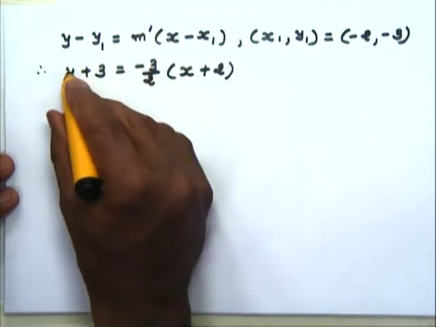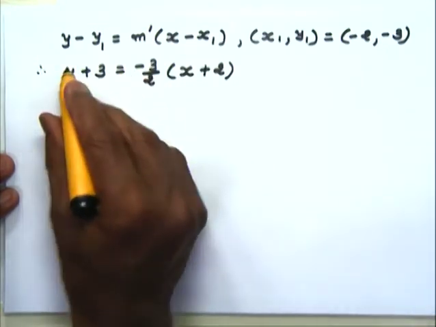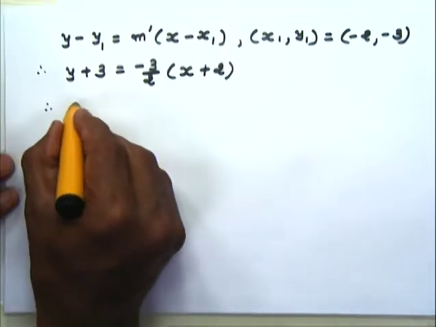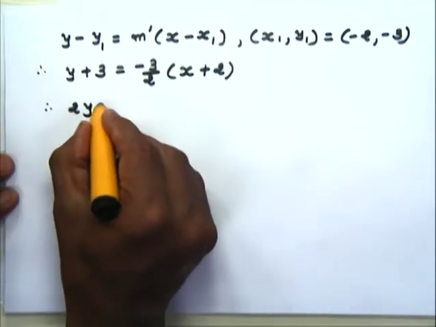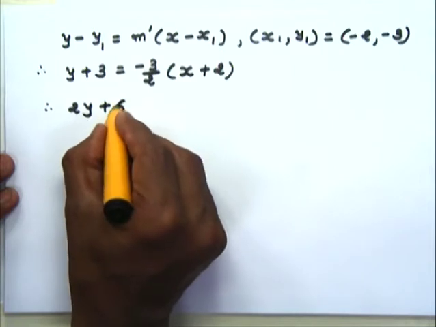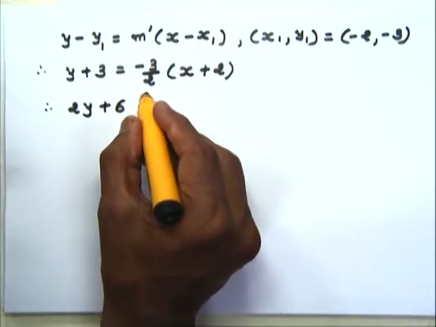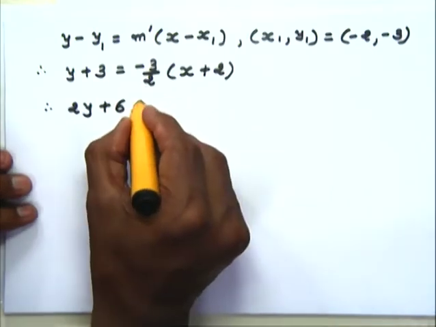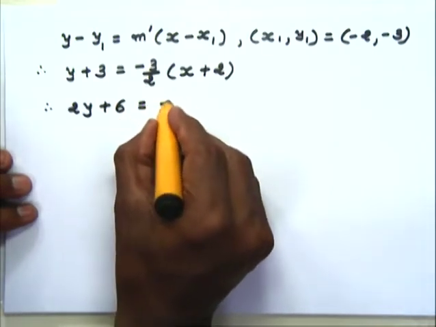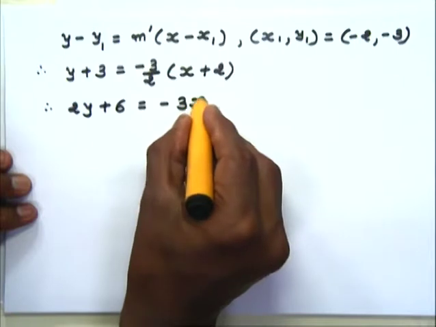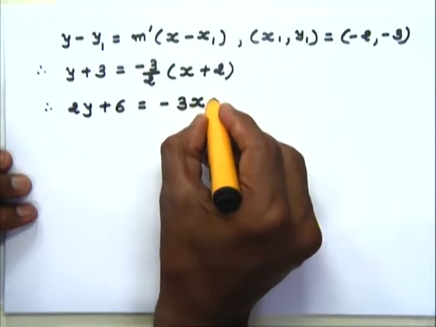Let us simplify, multiplying by 2, so it is 2y plus 6 is equal to minus 3x minus 6.